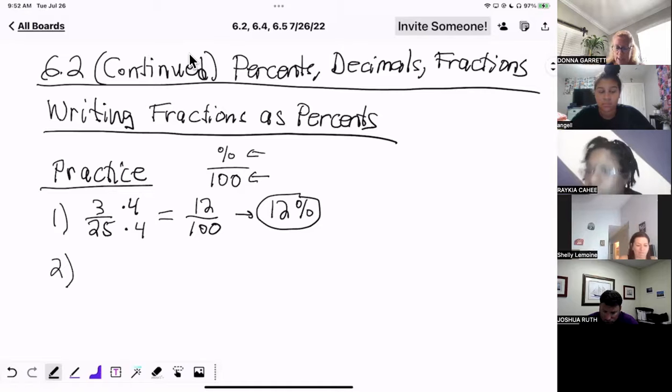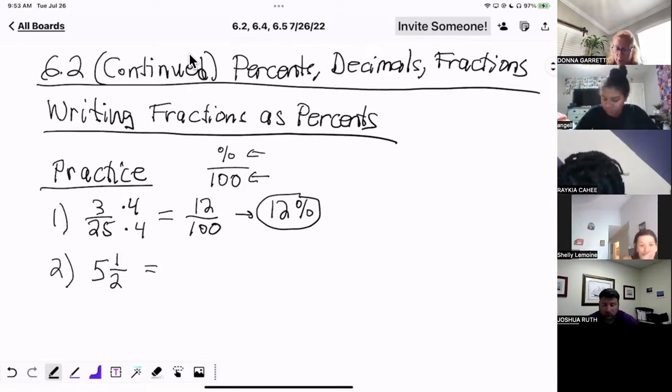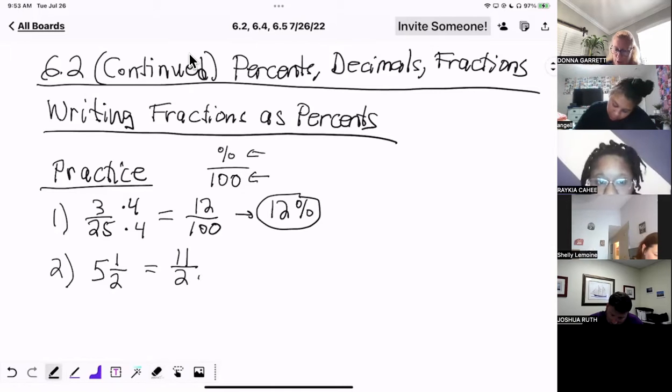Let's say I tell you a mixed number, 5 1/2. Well, I got to put it as an improper fraction first. So if I rewrite it, improper fraction: 5 times 2 is 10, 11 halves. Now, I want to see if I can get the denominator to be 100. I think with 2 I can, because 2 times 50 is 100, which means I'm going to multiply 11 by 50.